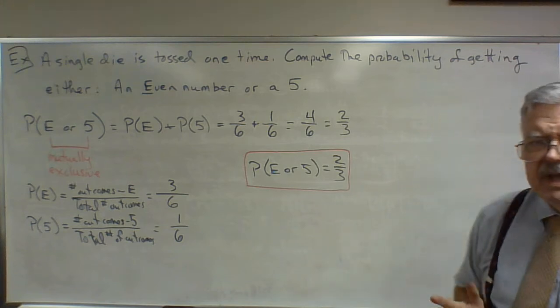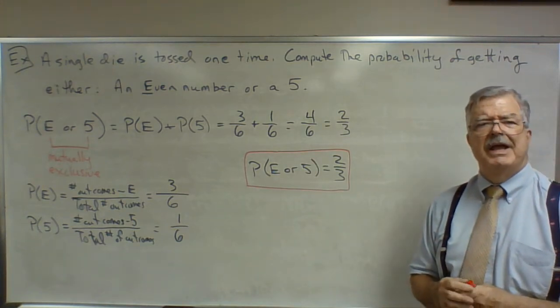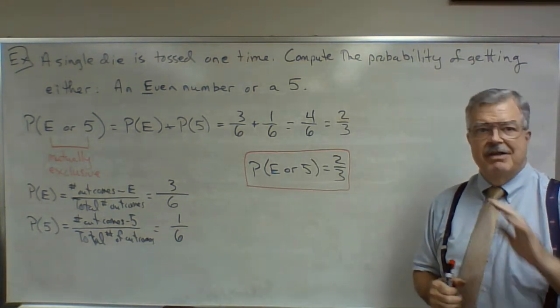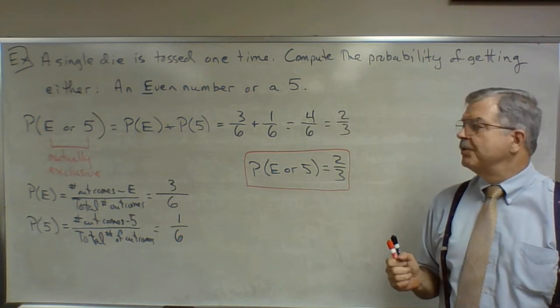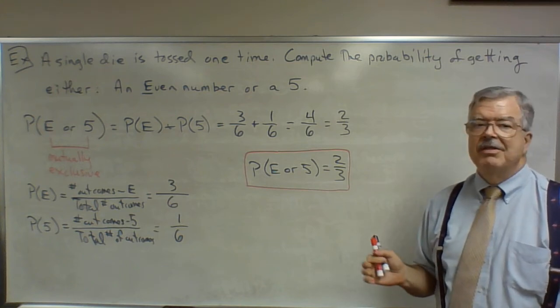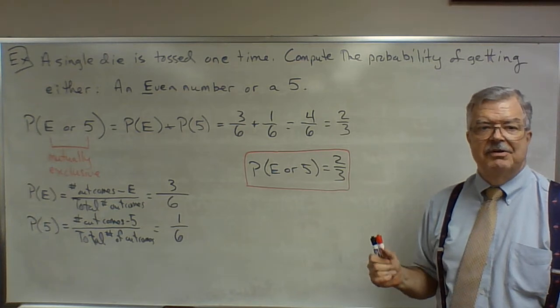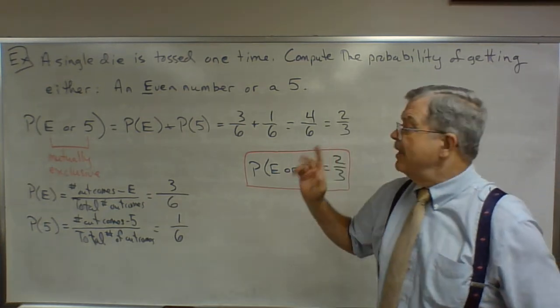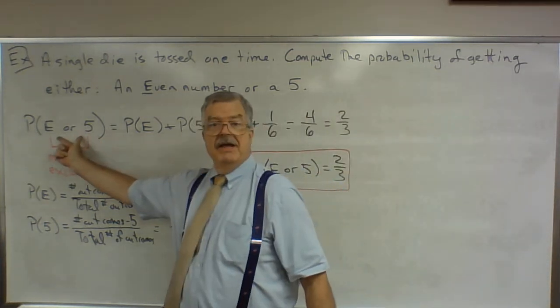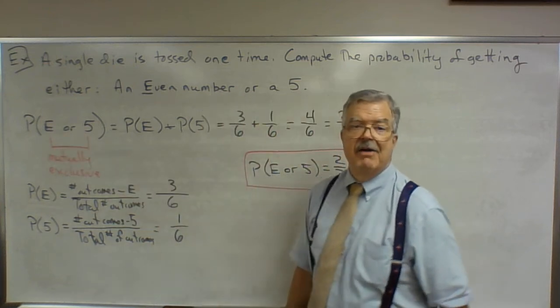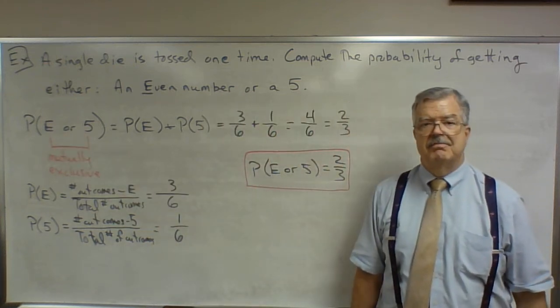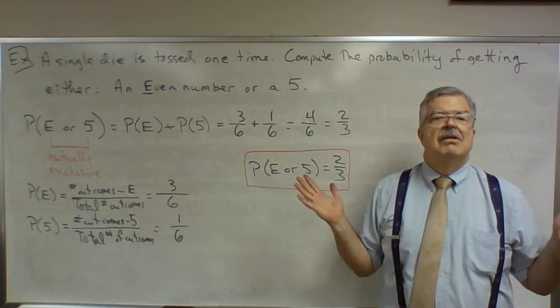Now, could we have done this another way and not really given much thought ahead of time as to whether these things were mutually exclusive? We saw right off the bat that getting an even number and getting a 5 were mutually exclusive.